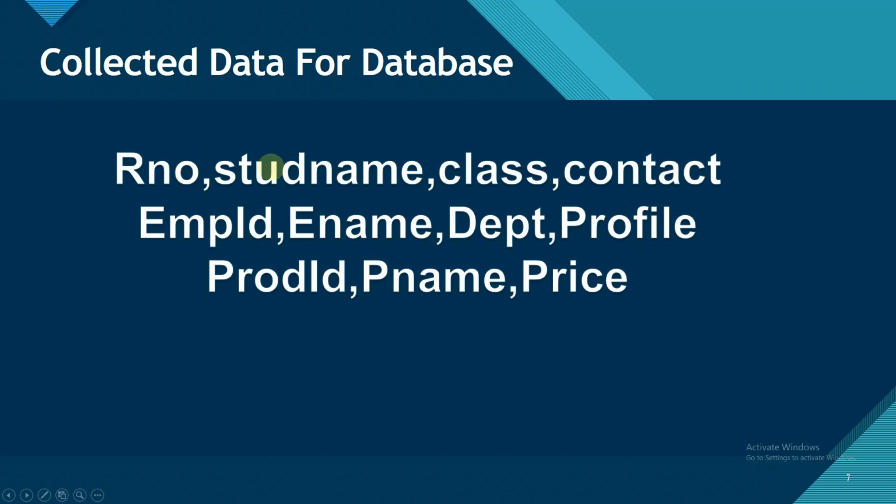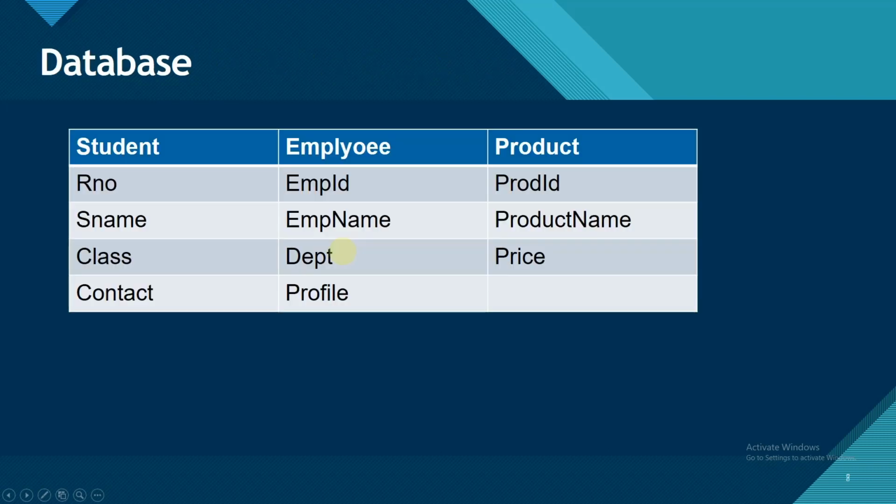These are all the fields, or we can say data. Now based on this data we'll create an organized database. Here I have separated the data and put it into the required database tables. For example, for students the data is roll number, student name, class, and contact. Same thing for employee: employee ID, employee name, department, and profile. For product: product ID, product name, and price.